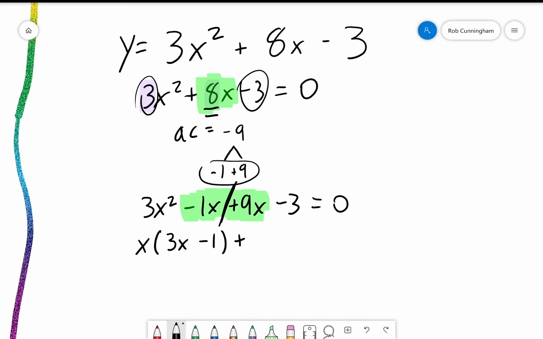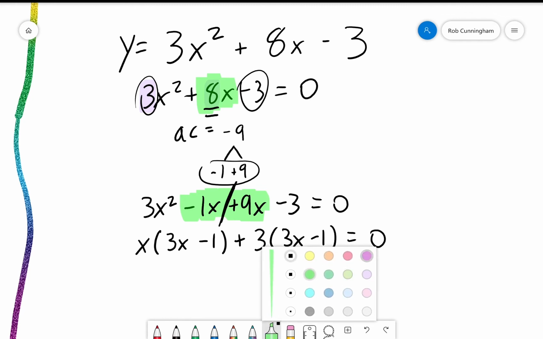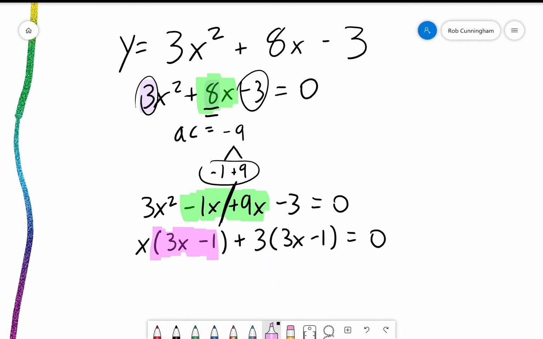Don't forget that we're adding these together. In this second two terms, I see a 3 that I can divide out. 9x divided by 3 is 3x. -3 divided by 3 is -1. As you can see, we have these matching terms, which is what we need.